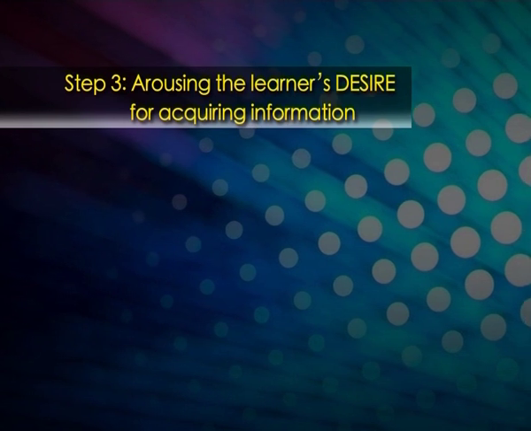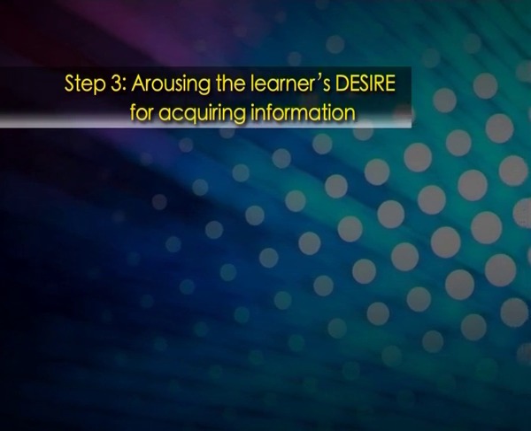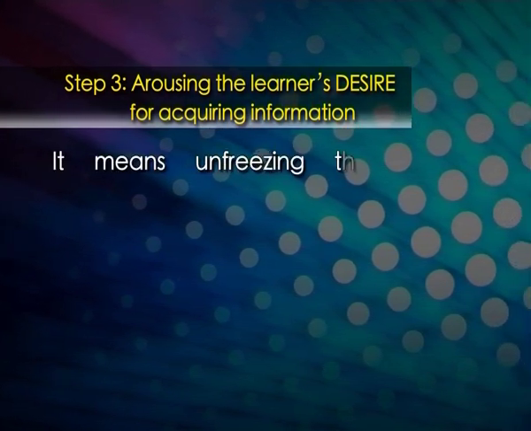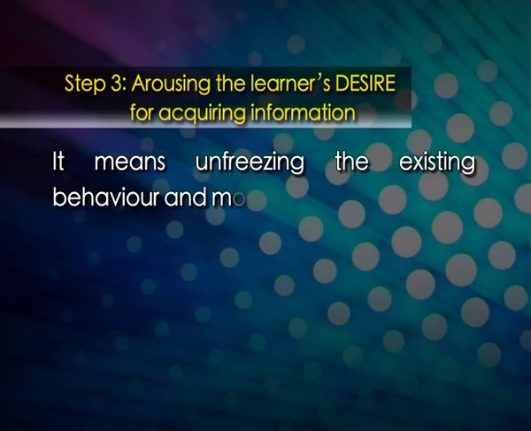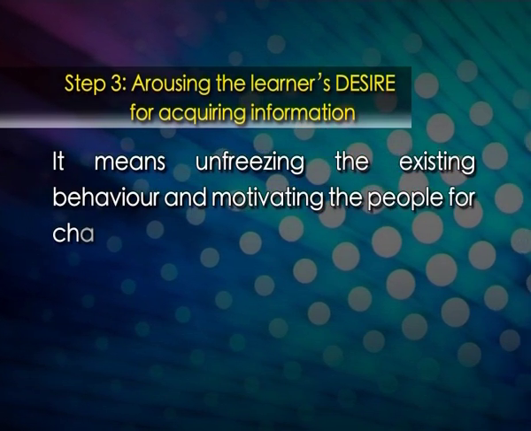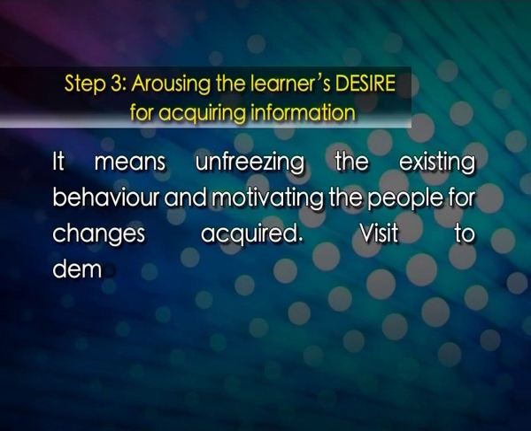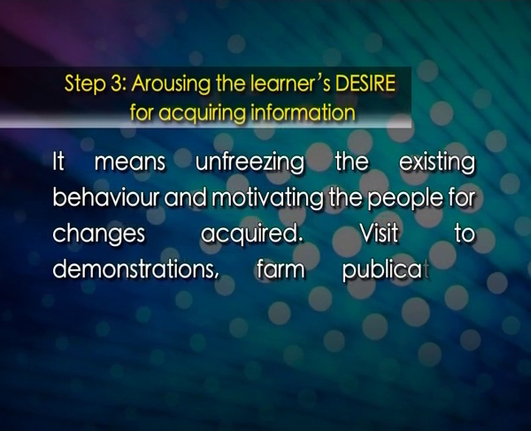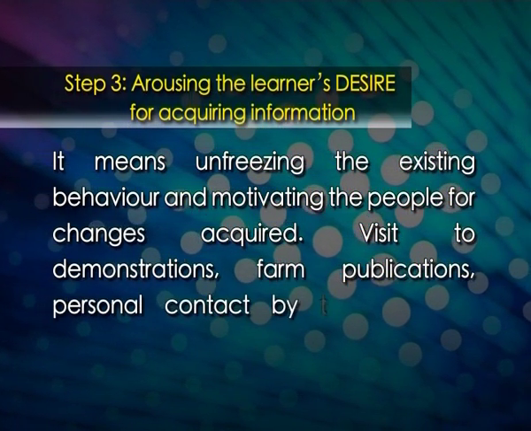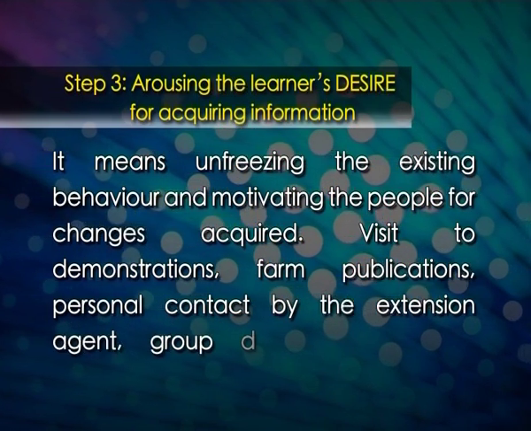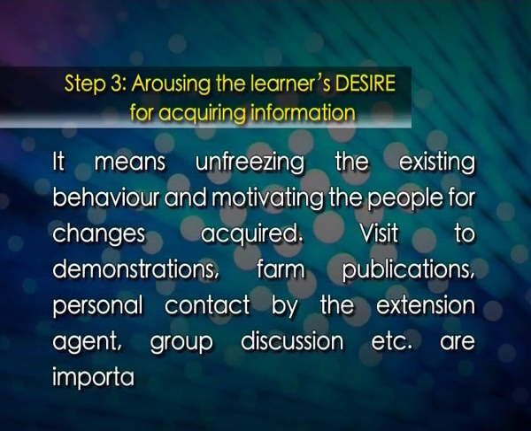Arousing the learner's desire for acquiring information. It means unfreezing the existing behavior and motivating people for change is required. Visits to demonstrations, farm publications, personal contact by extension agents, group discussion, etc. are important at this stage.